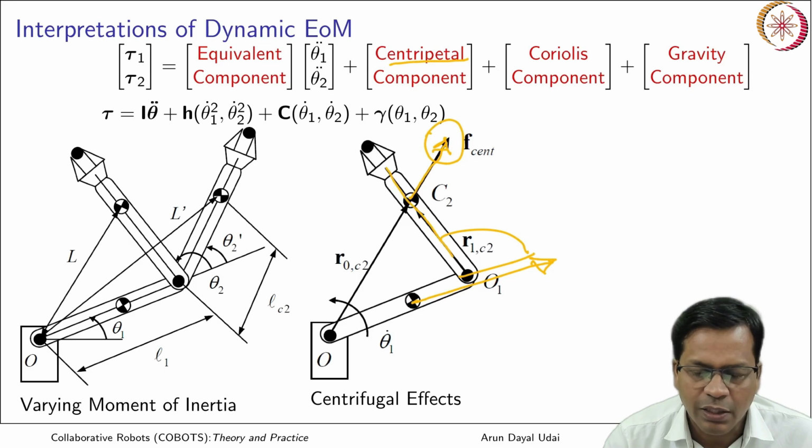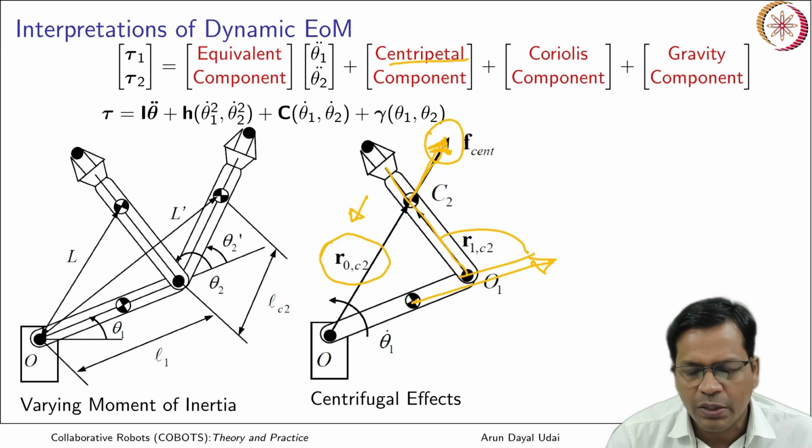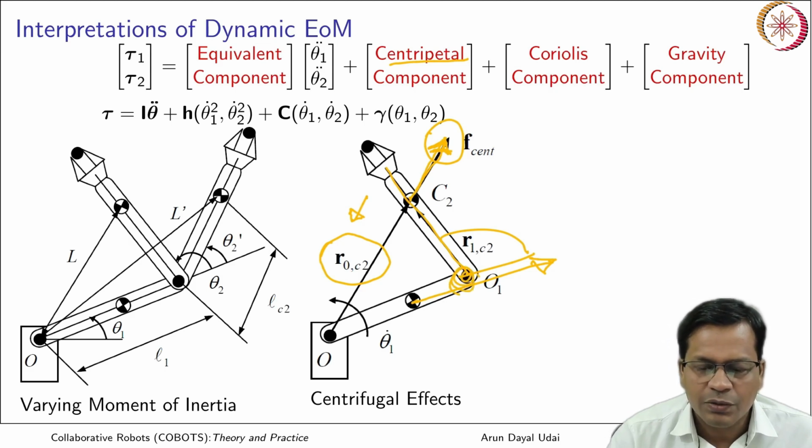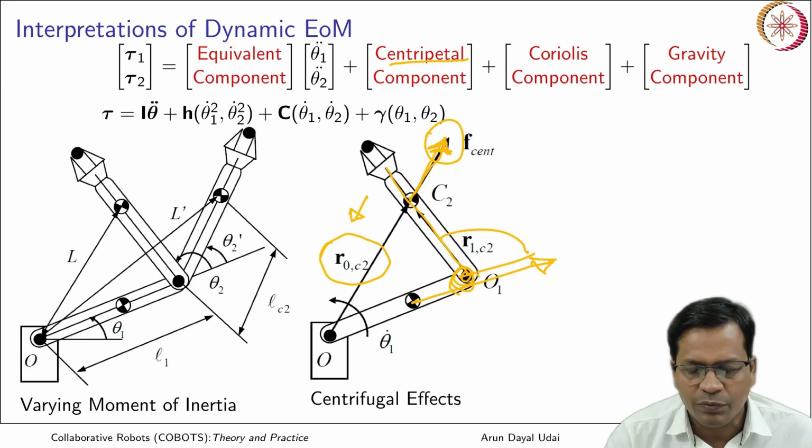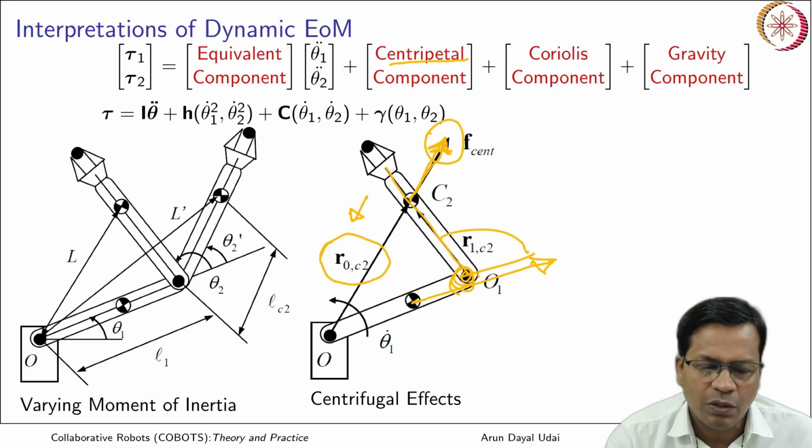This link configuration keeps on changing, and accordingly this will change. So this mass will create centrifugal force outward like this, and the centripetal force will now create torque over here. These are a few intrinsics of this, you should understand this element-wise. That is the physical significance of each of these terms.